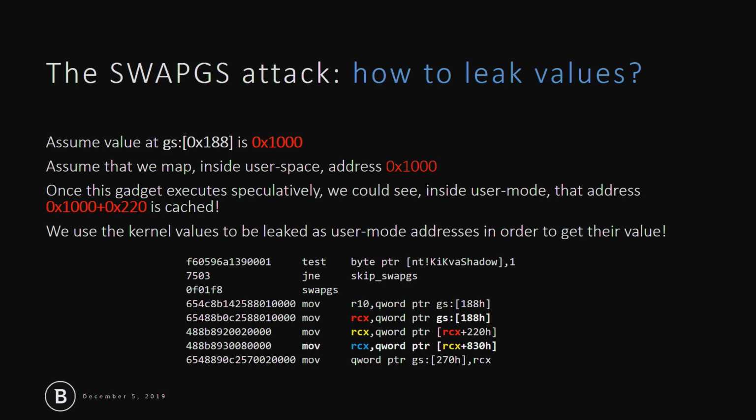Because the value that is located inside GS plus 188 resembles a valid user mode address. So what we actually do, instead of using the kernel value to be leaked as an offset inside attacker-controlled memory, we use the kernel value to be leaked as a user mode address. And we leverage a direct access into it in order to infer its value.